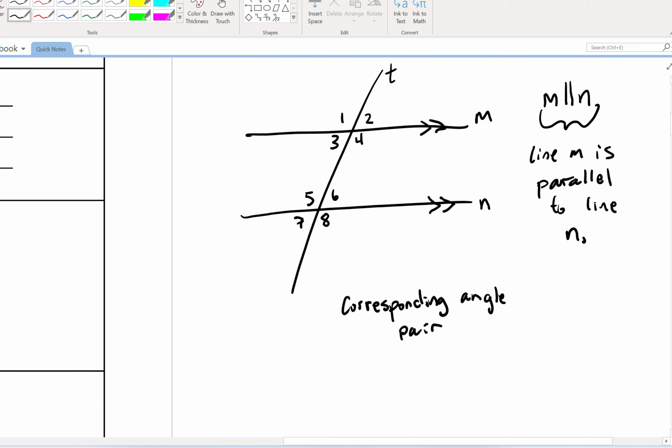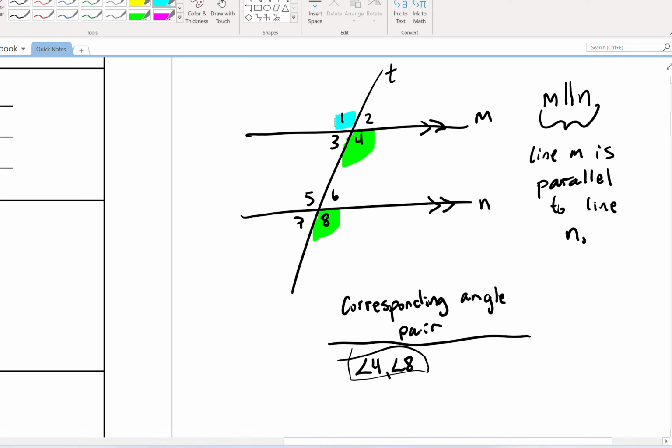Corresponding angles are those that have the same orientation from the vertex. So angle 8 is corresponding to angle 4 because they're both down and to the right from the vertex.